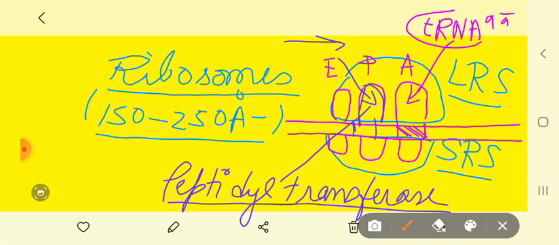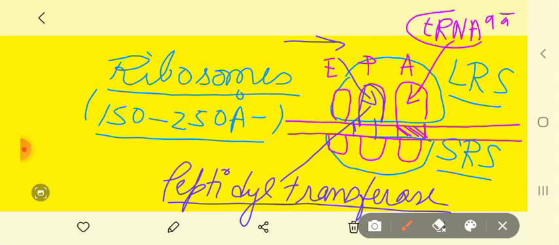During this reaction, this enzyme catalyzes the formation of a peptide bond between the two amino acids, and to accomplish this job, the amino acid on the tRNA in the P site will be removed from its tRNA, and then transferred to the free amino terminus group of the second amino acid located on the A site.